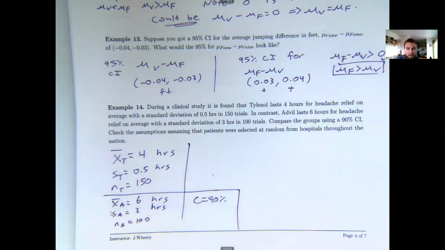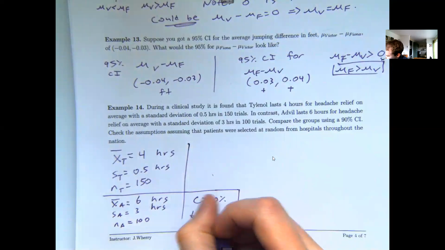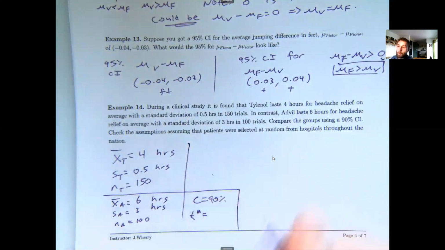Okay, check the assumptions: assuming the patients were selected randomly from hospitals throughout the nation. I will check the assumptions, but let's get this t star just so I can clear my page a little bit.